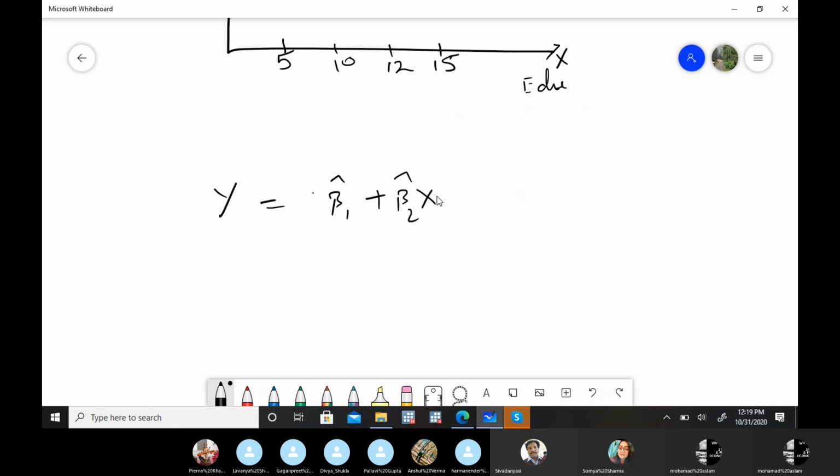I'm taking one single independent variable for simplicity. Let's suppose you collected this data from 10 different households, and take a variable here, wage, and education.